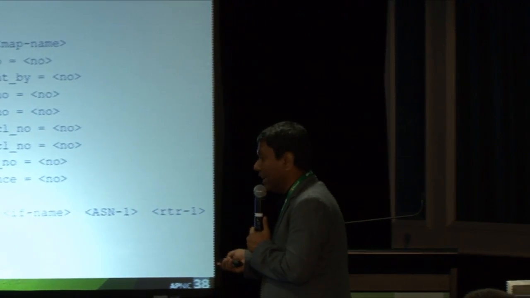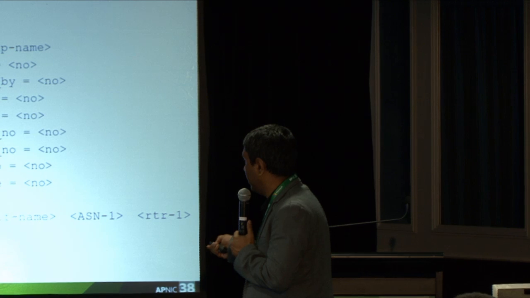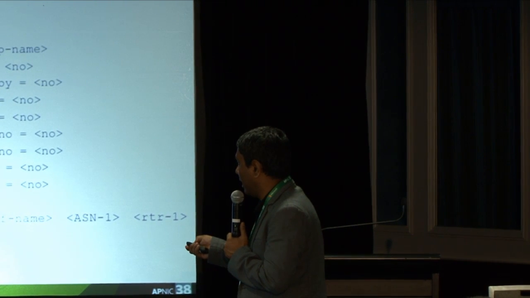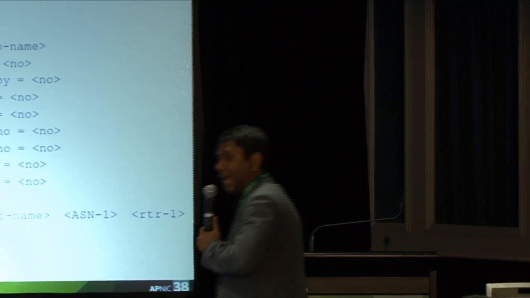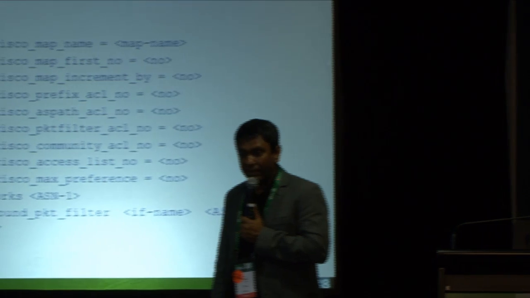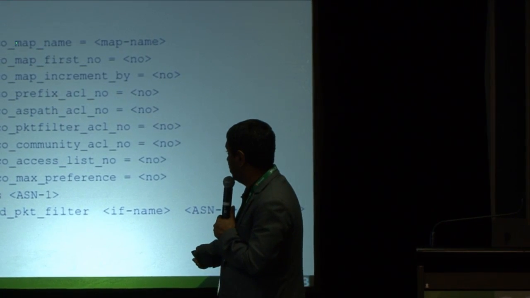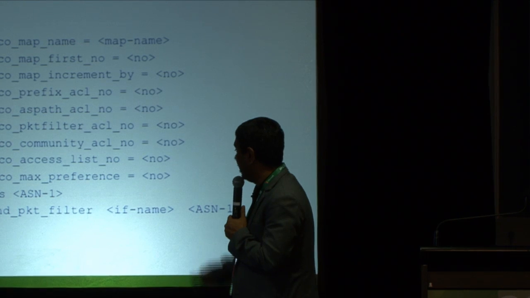When you build that input file, for each map or each syntax, you have to add rtconfig and set. The input file can be used for different platforms and different vendors' products. If it's a Cisco-specific config, you have to specify Cisco's map names and so on. This is how you specify that in the input file.